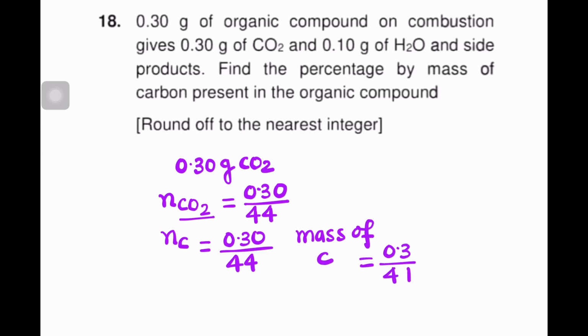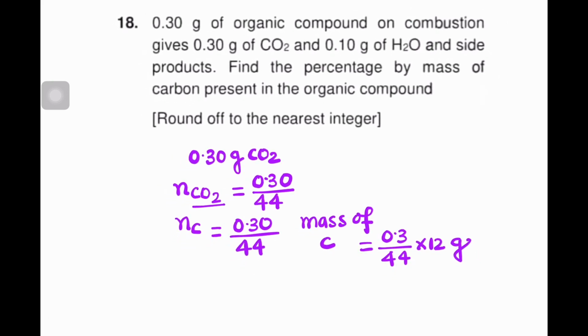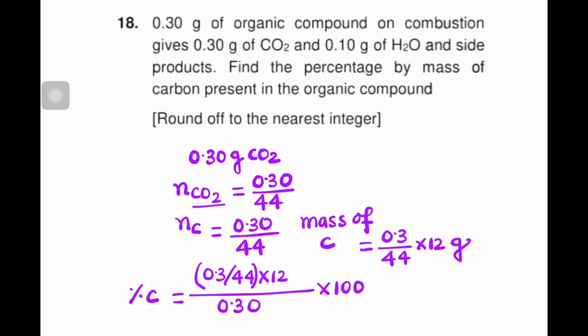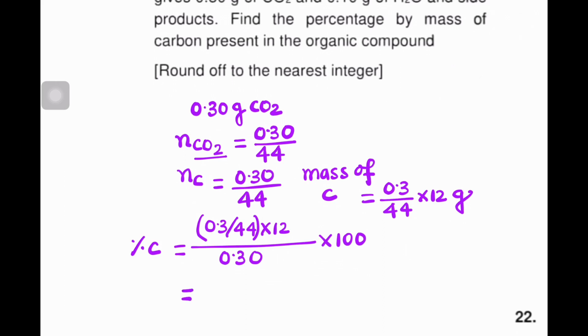Now if you calculate the mass of carbon, it will be 0.3 by 44 into 12 gram. They are asking you percentage carbon, so percentage carbon means mass of carbon, that is 0.3 by 44 into 12, divided by the total mass of the organic compound, into 100. Let's solve it. It is 0.3 into 12 by 0.3 into 44 into 100.